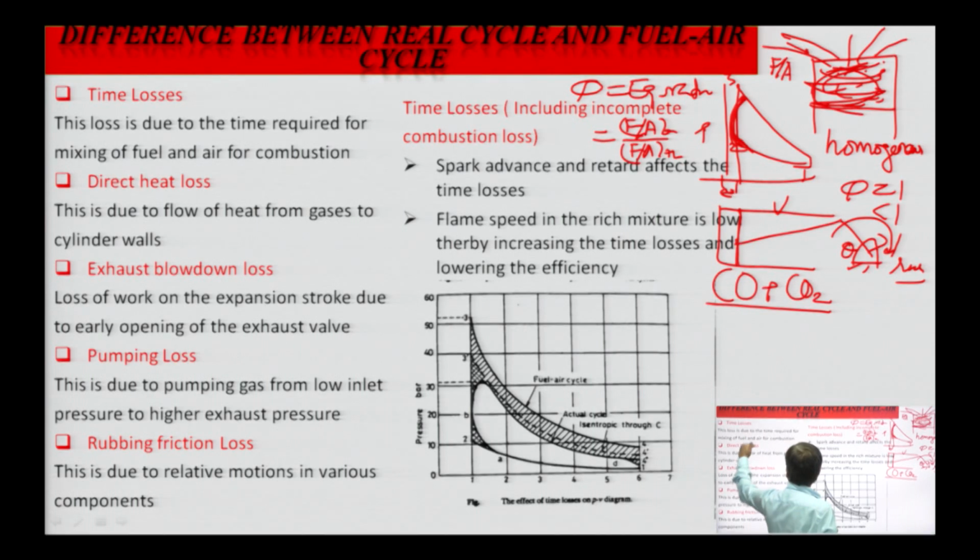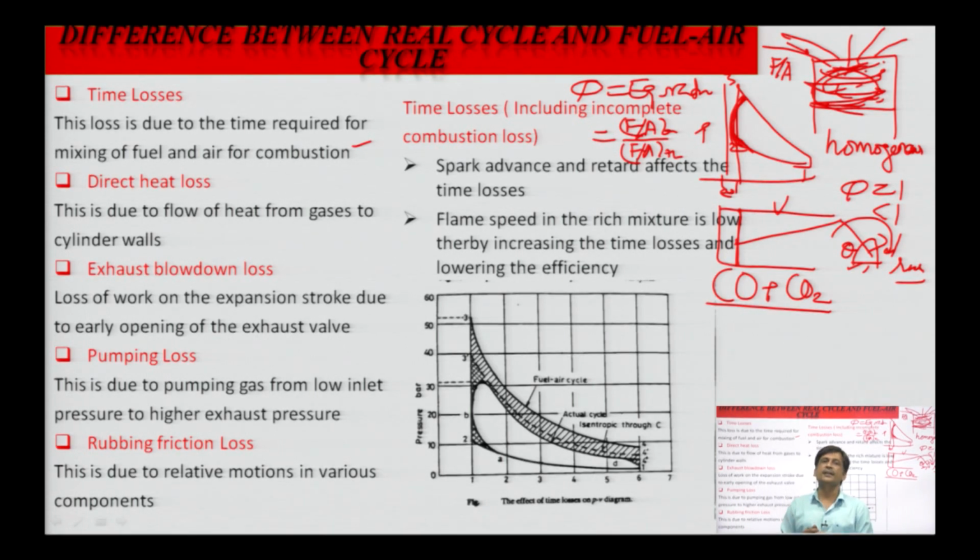First we discuss the losses which we consider in the actual cycle, which were not considered in the fuel air cycle. First was time loss, which is defined like this. Now, the direct heat loss. What is direct heat loss? In the air standard cycle, we considered that there is no interaction between the gas and the cylinder wall, which is not possible practically.